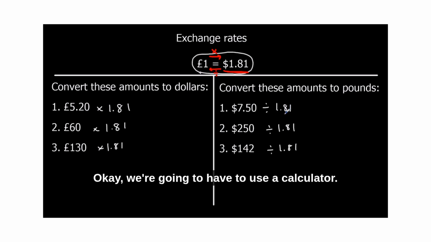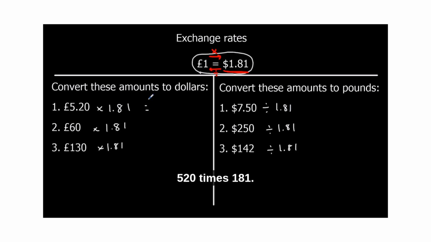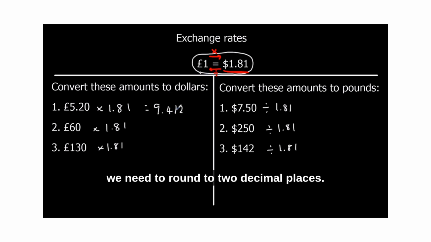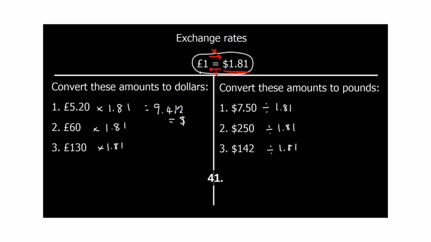Okay, we're going to have to use a calculator. I haven't got the calculator up on the screen, so I'll just type them in. 5.20 times 1.81 gives us 9.412. Now, because this is money, we need to round to 2 decimal places. The 2 's not big enough to kick it up, so $9.41.